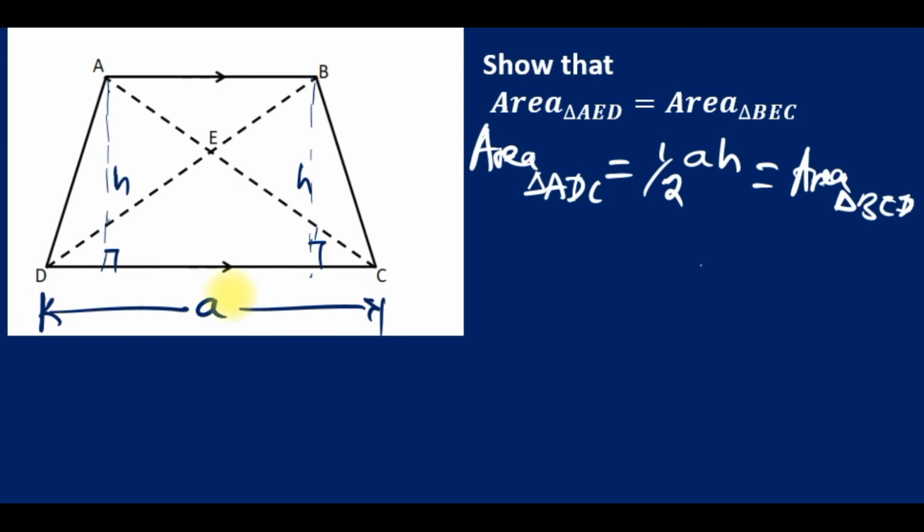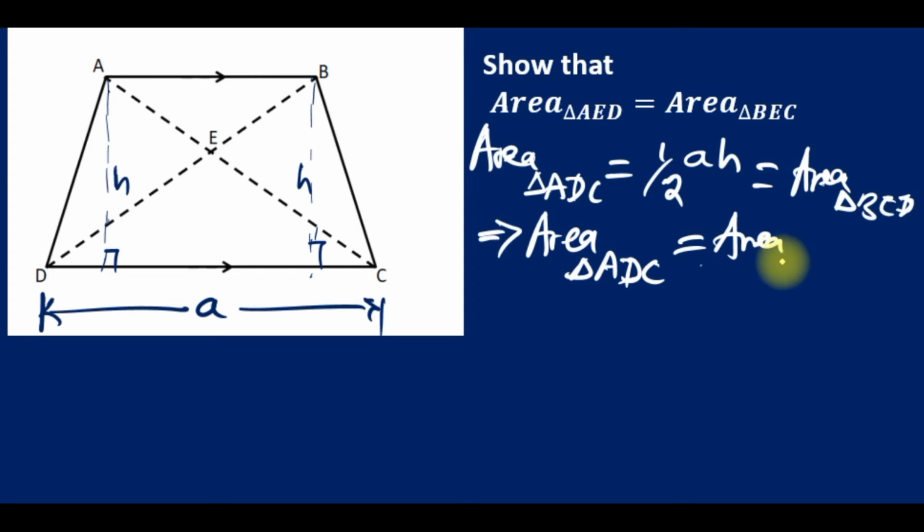Again, the same base, so it is half A times h. So what do you notice? We now see that area of triangle ADC is the same thing as area of triangle BCD.